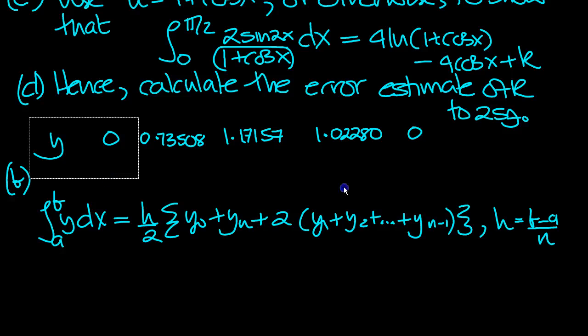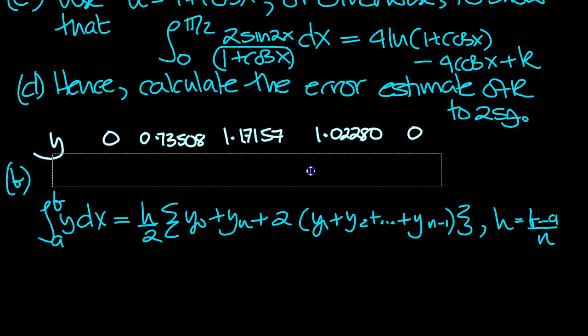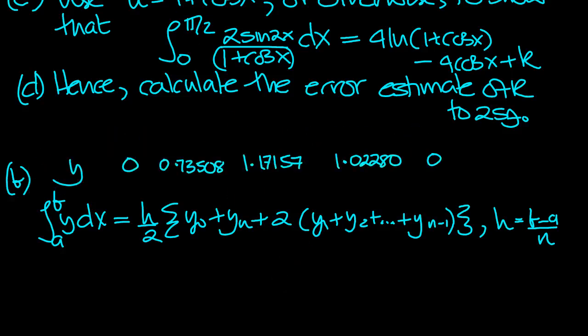These are our y values then, aren't they? So this is y0, y1, y2, y3 and y4. The interval distance is from 0 to pi over 2. So it's pi over 2 minus 0 is pi over 2 here.